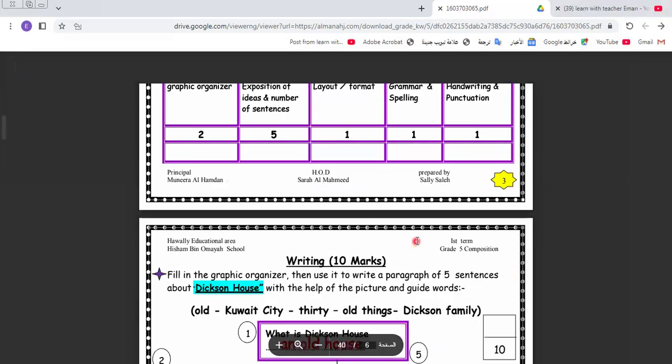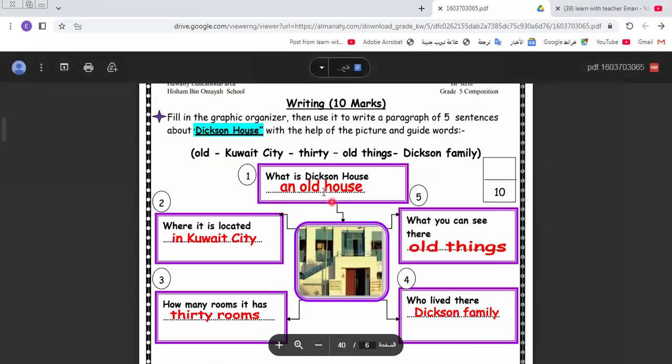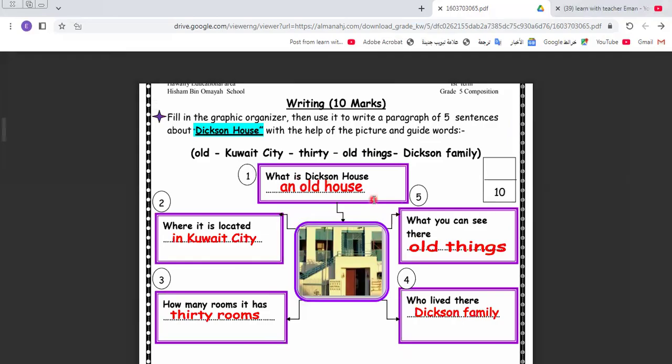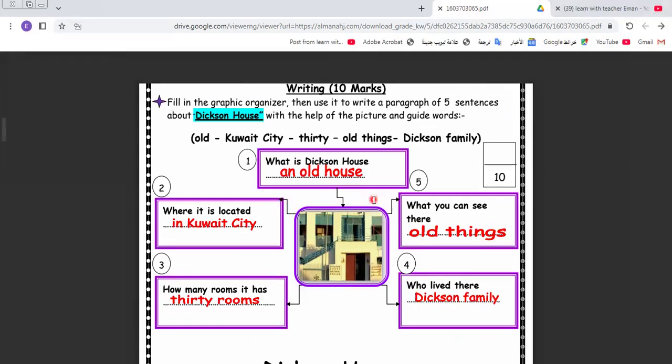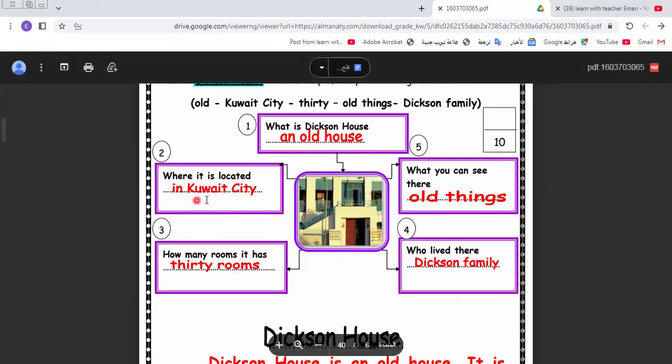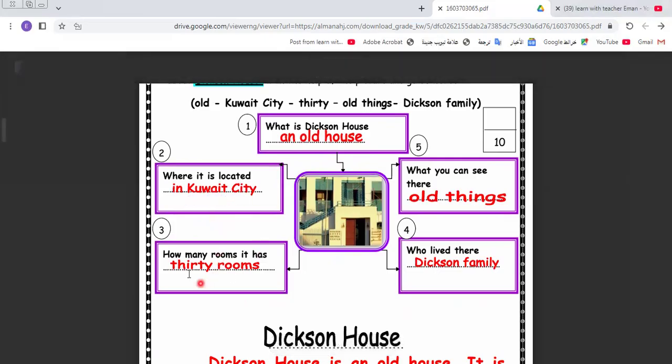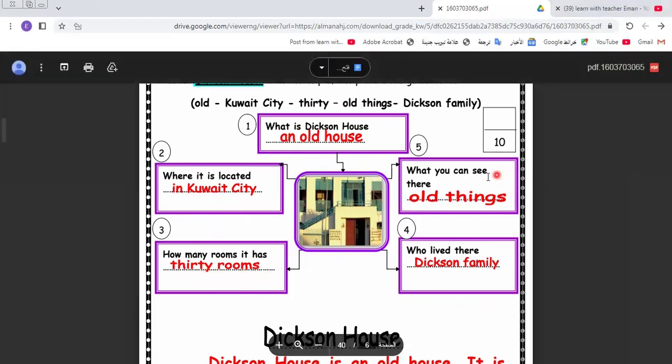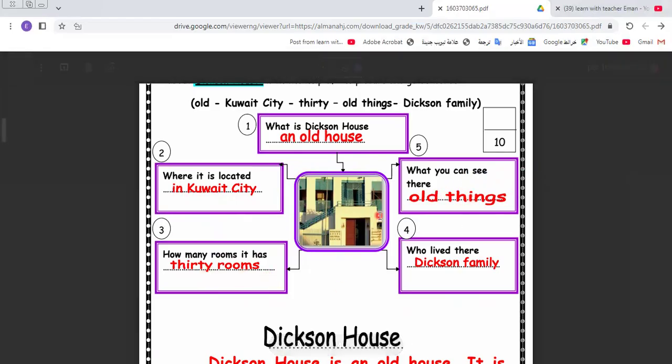Let's go to another one, which is Dixon House. I think Dixon House is a famous place in Kuwait. It is an old house located in Kuwait City. It has 30 rooms. I think that's very big. Who lived there?